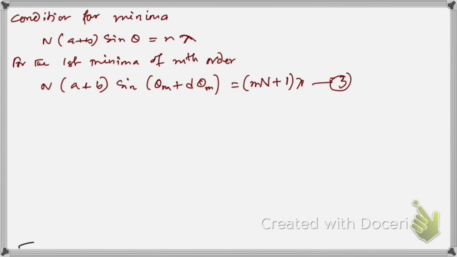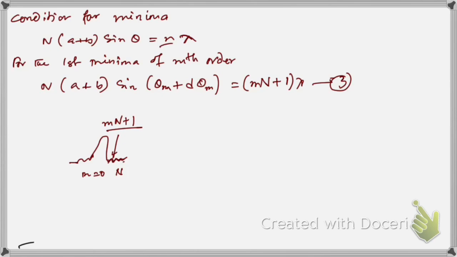Suppose this is the maxima of zeroth order, m is equal to 0. So suppose we have capital N number of lines here, then we're going to get this first minima at m capital N plus 1.